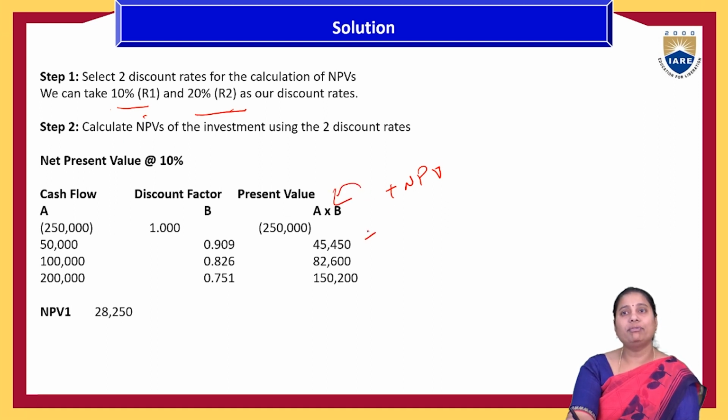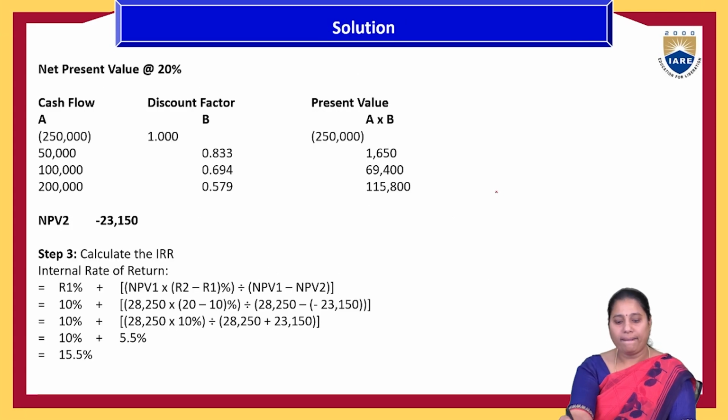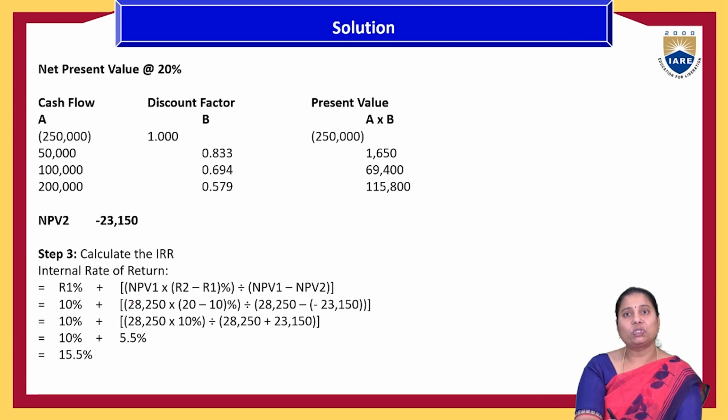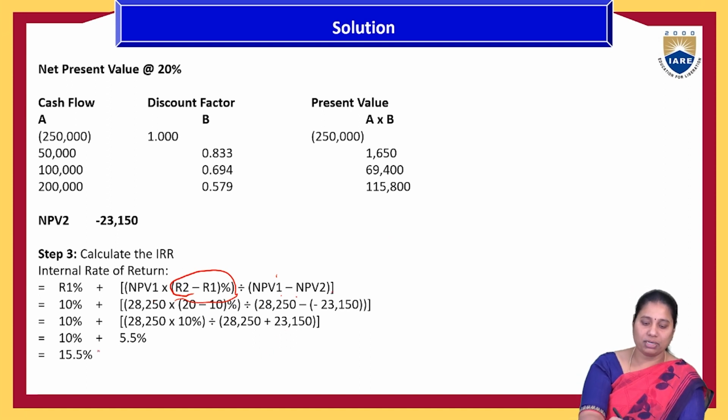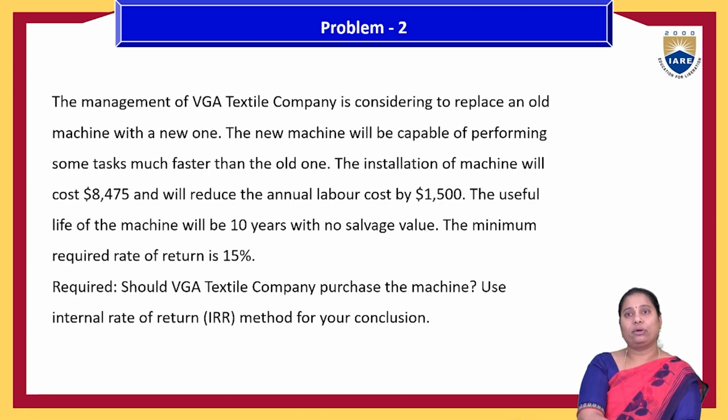If one gives a negative NPV and another gives a positive NPV, then we can use this formula: R1, that is the lowest rate, plus NPV at the lowest rate times the difference between the two rates, which give one positive and one negative, divided by NPV at the lowest rate minus NPV at the highest rate. If we do this, we can easily calculate the internal rate of return of the project.